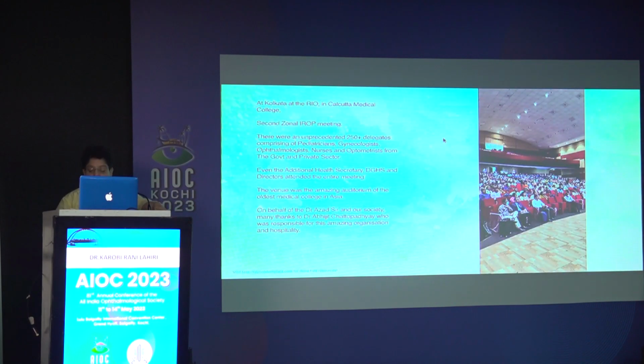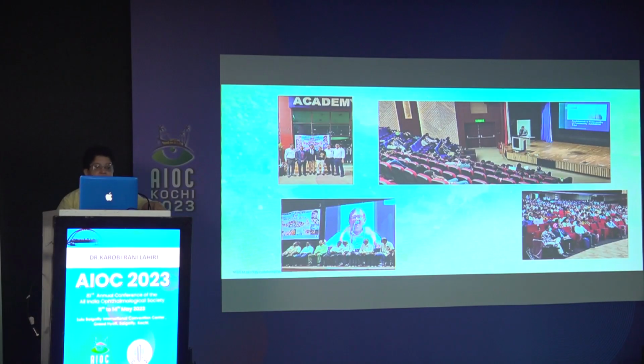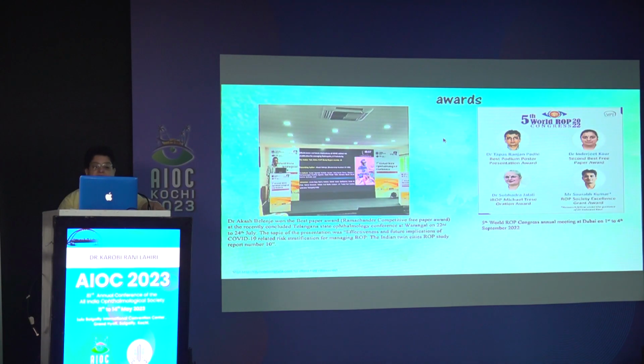And this was at Kolkata RIO Medical College, the second one. You see the amount of people who have come, it's very crowded. And now we progressively see that for all our ROP talks or ICs or any kind of workshops, they are generally very crowded. Earlier there used to be scant few people, but there is a growing interest because of all this awareness.